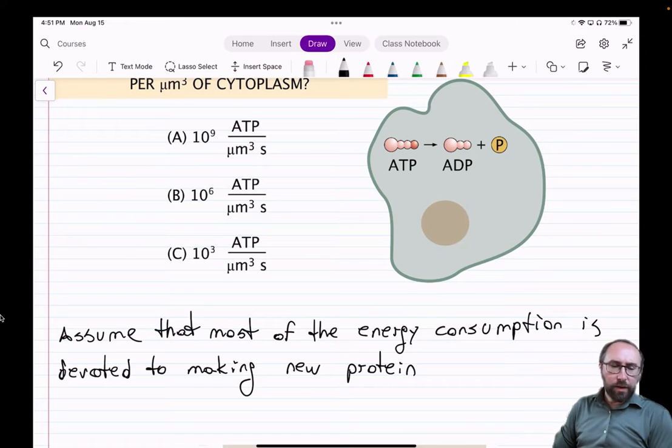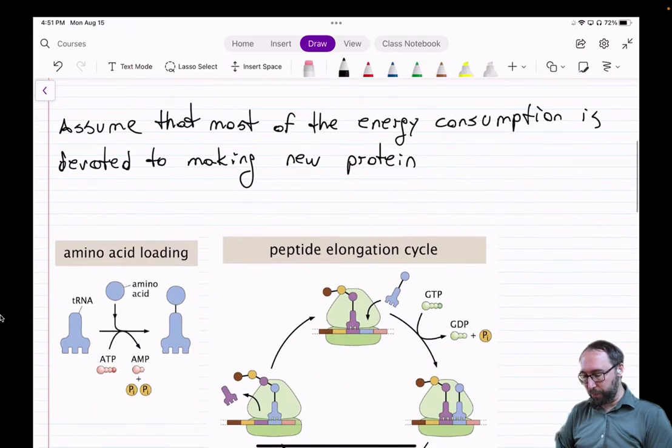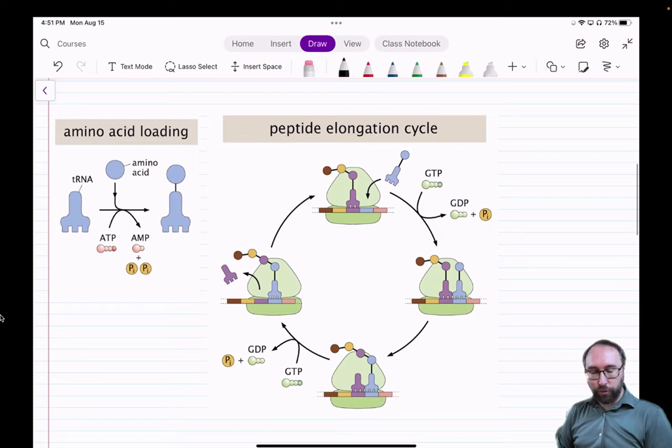Okay, and how much energy do I need to make a protein? Well, imagine that you have the building blocks already, that you just need to pay the workers, right? You just need to pay energy to assemble the protein. Well, one thing that you need to remember is that for every tRNA that you load, you spend the equivalent of 2 ATPs. Note that this is going from ATP to AMP.